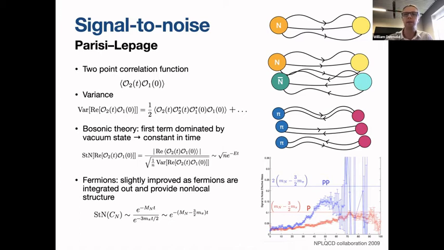And so the variance correlation function here will fall off at late times like e to the minus 3 m_pi t. And so when I look at my signal to noise ratio, which includes the signal, which is falling off like the mass of the proton, and the square root of the variance, then the whole signal to noise is falling off like e to the minus (m_N minus 3/2 m_pi) times t.